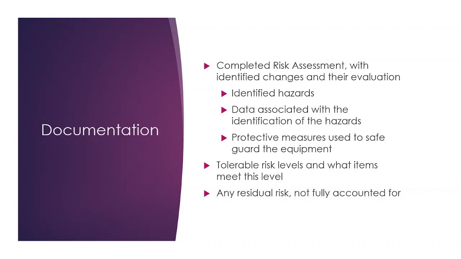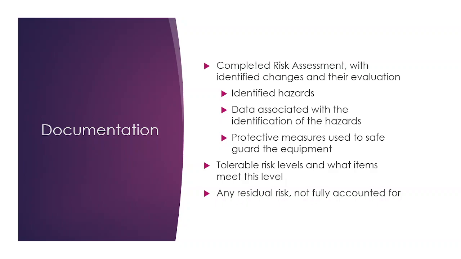All identified hazards should be included within your risk assessment. All the data associated with the identification of the hazards, so any time studies, reports, any of that information. All the protective measures used to safeguard that equipment should be identified within that risk assessment, as well as any other additional documentation identifying those risks and how you protected those. At what tolerable risk did you achieve?